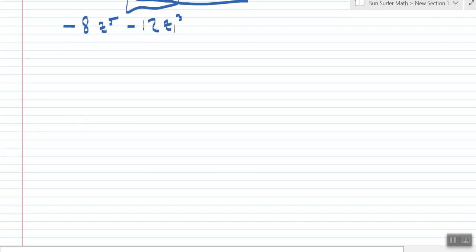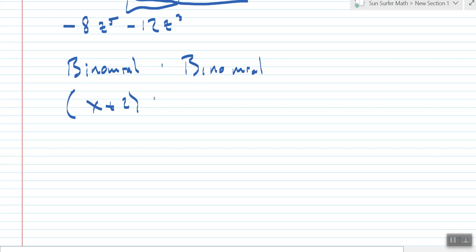Let's multiply two binomials. A binomial times a binomial. Something such as, let's make it fairly simple, x plus 2 times x squared minus 3. These are both binomials, and we are multiplying them together. Well, once again, we use the distributive property, and we take the first term in the first binomial and multiply it by each one.